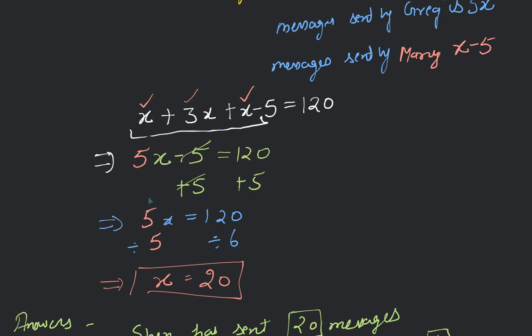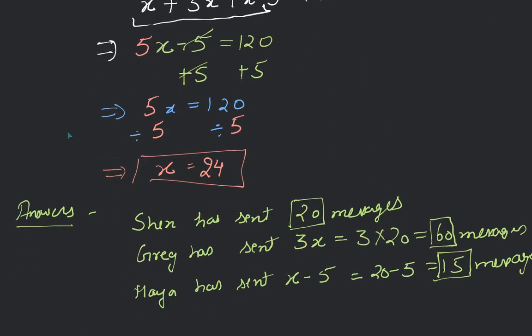So now we need to divide both sides by 5, so that will be 120 divided by 5, which is equal to 24. So instead of 20, the answer to the messages that Shen has sent is 24.